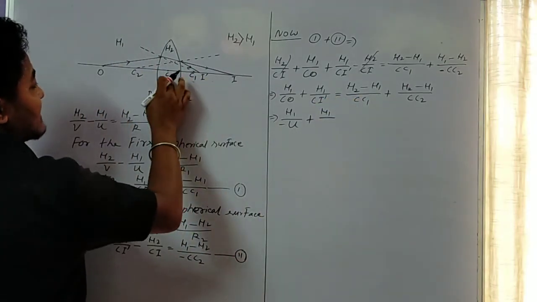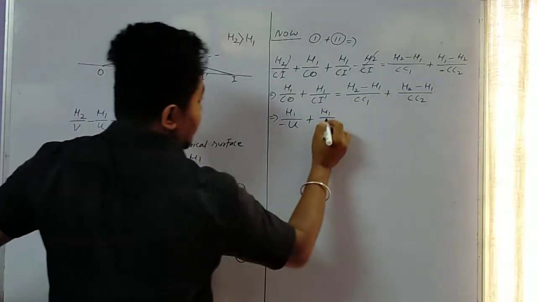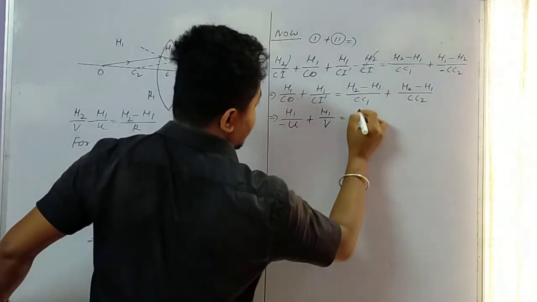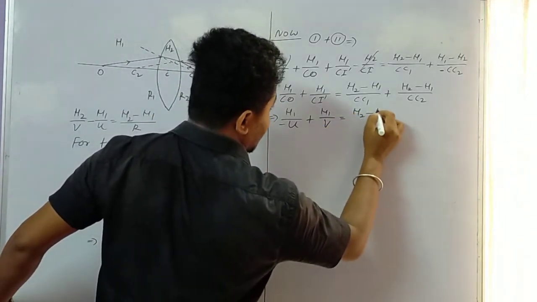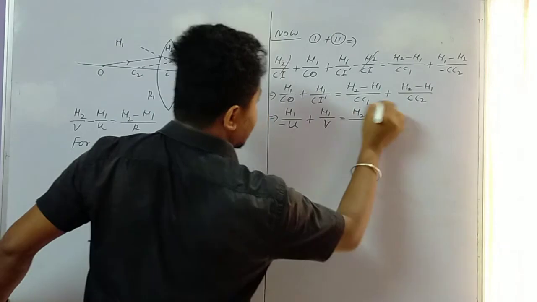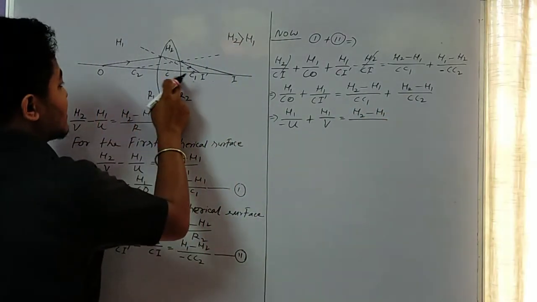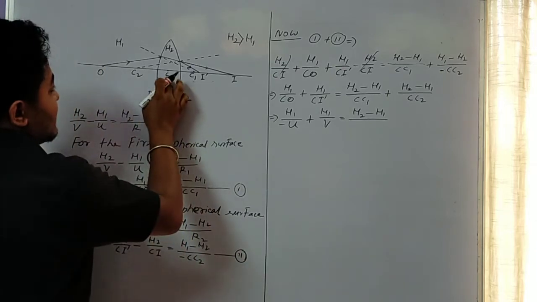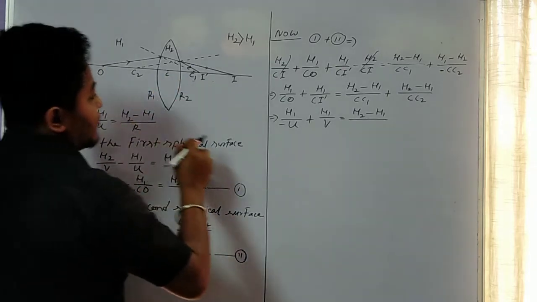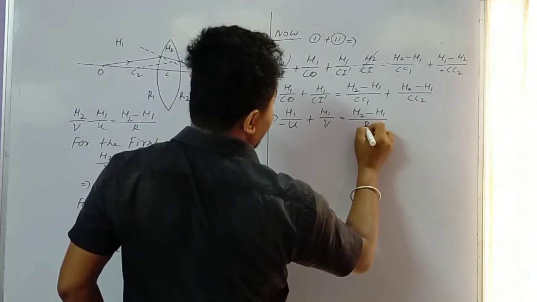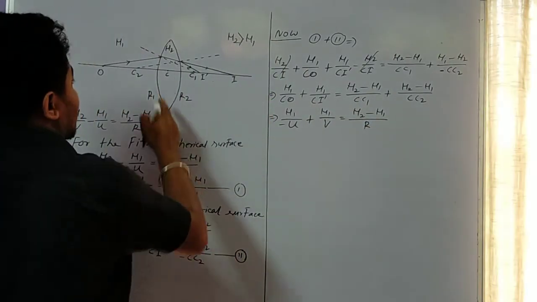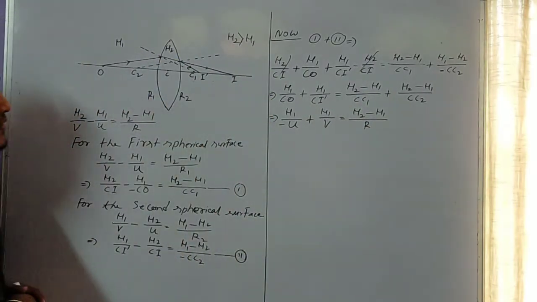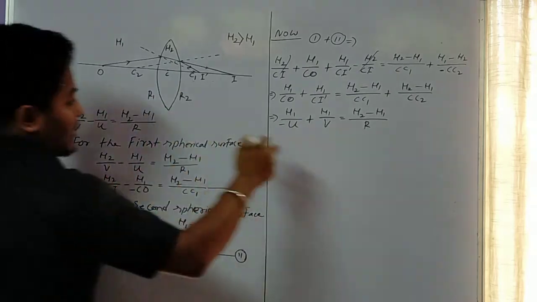CI dash is going to be your image distance V, is equal to mu2 minus mu1 by CC1. What is CC1? It is the radius of curvature, the radius of curvature for the first refracting surface.